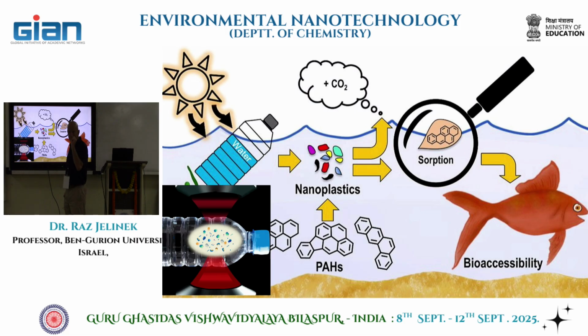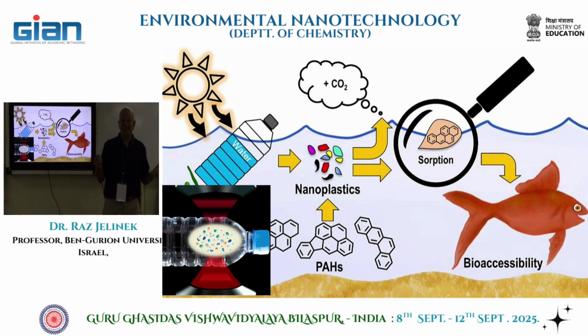And these small plastic particles can actually break even more into molecules which are very bad because they come from oil, from gas. Then they go, for example, to fish.